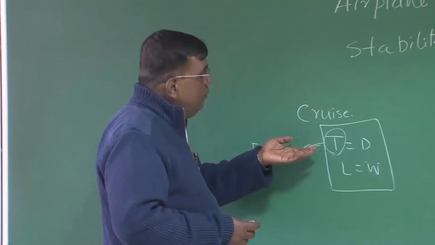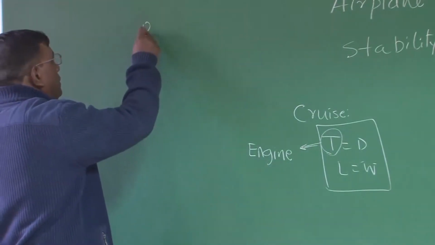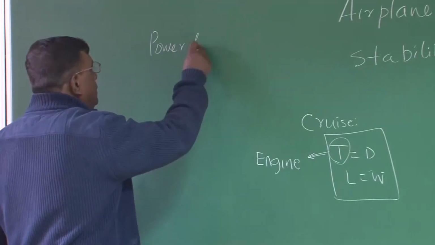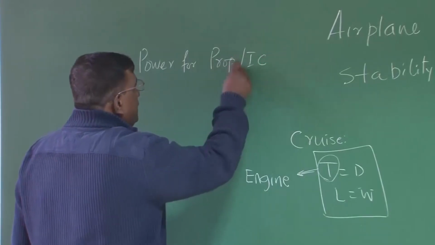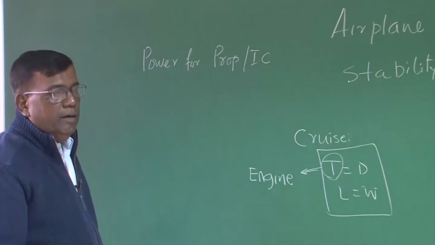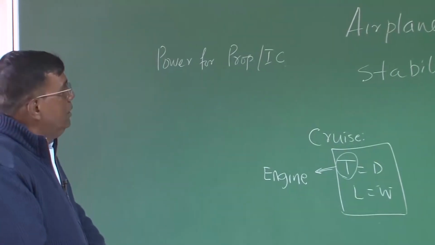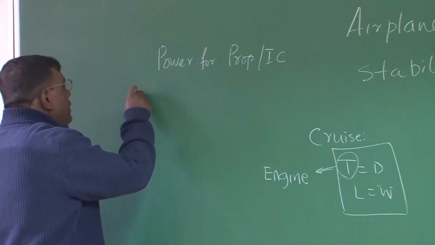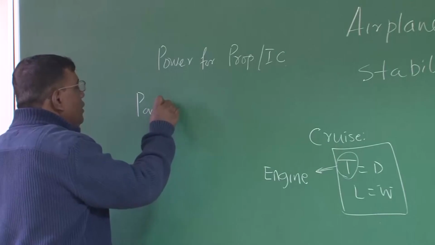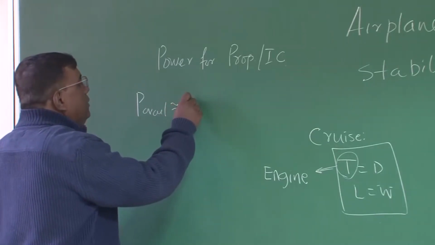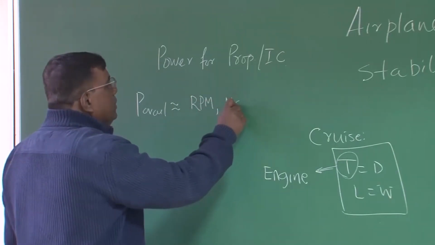Therefore, when you want to measure thrust or power, let me say power for a propeller, an IC engine backup, typically our aircraft here, Cessna 206, Sinus, etc. There, if you want to measure what is the power being delivered, we call it power available at any altitude, this will be a function of RPM and manifold pressure.